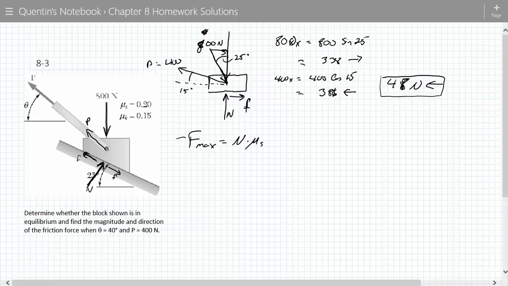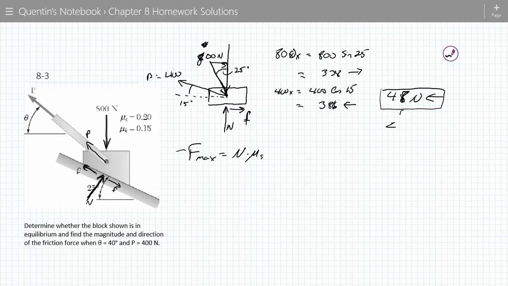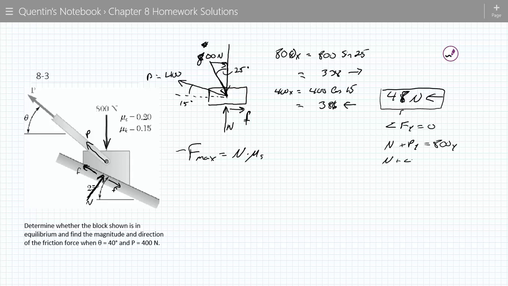So what is the normal force? Well, we've got to figure that out. We're going to take the sum of the forces in y equal to 0. And so the normal force plus the y component of P is equal to the y component of the 800 newtons down. So normal force plus 400 sine 15 is equal to 800 cosine of 25.